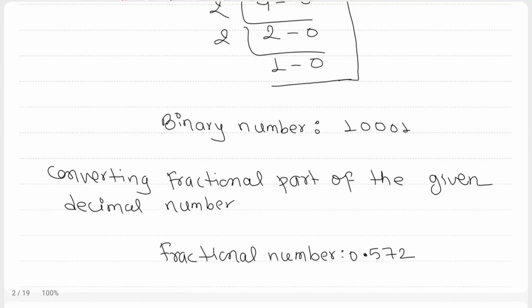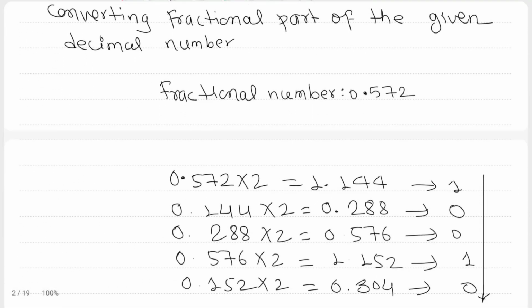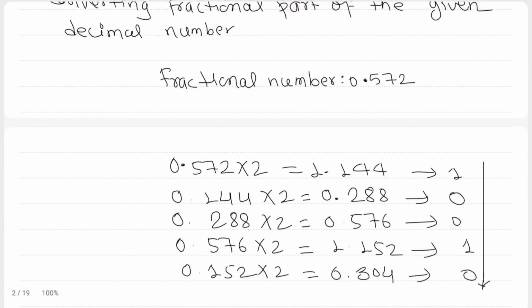In the integer part we divide by 2, and in the fractional part we multiply by 2. 0.57 multiplied by 2, you can calculate it, is 1.14. The integer part we put here, 1, and make the rest 0 point something.